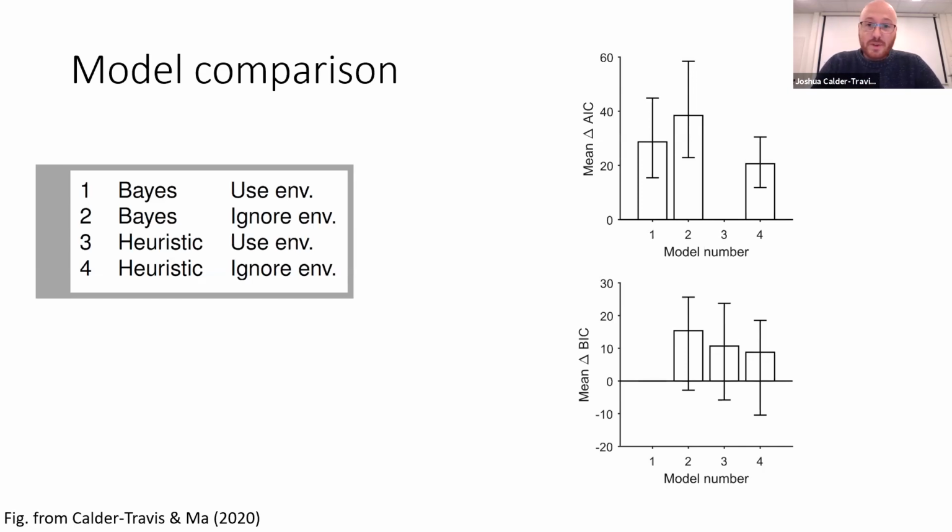And so given the 2 information criteria disagree, we didn't want to draw any strong conclusions about whether the Bayesian model or the heuristic model was better. There's perhaps some evidence that people are learning and using the difference between the environments, because both of the best fitting models are models in which observers use that difference between the 2 distractor environments.